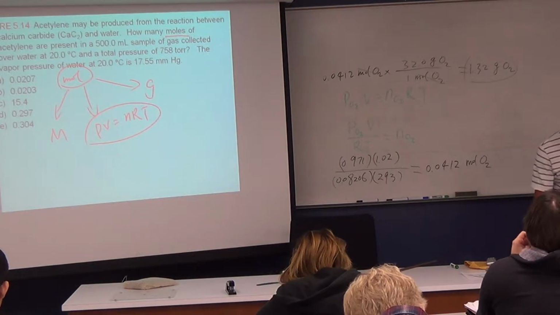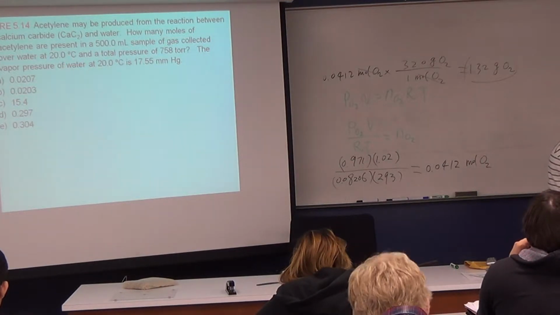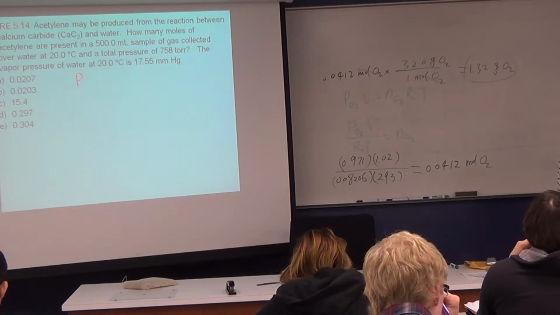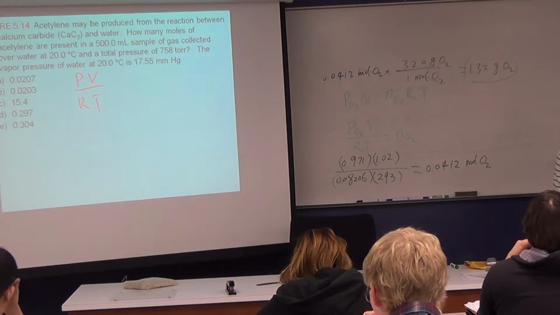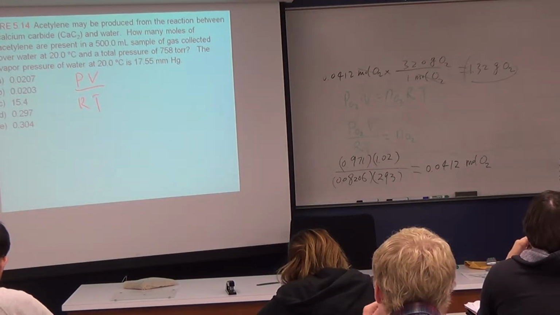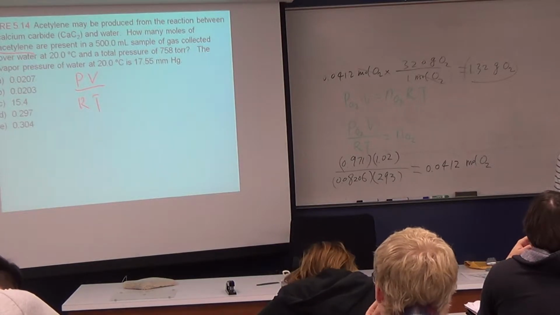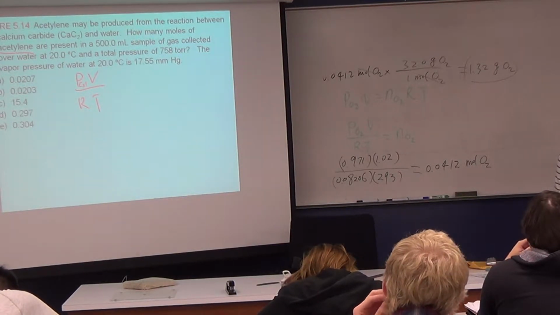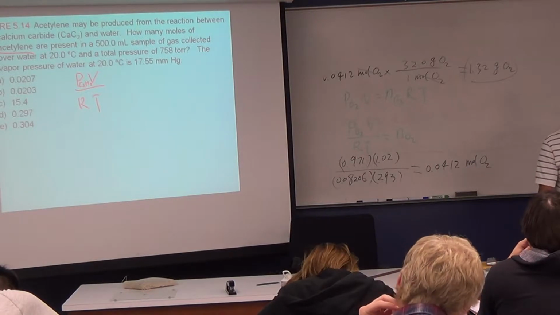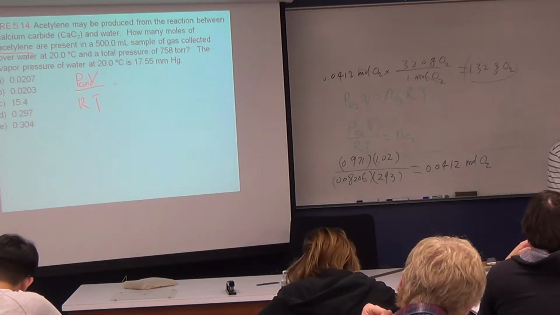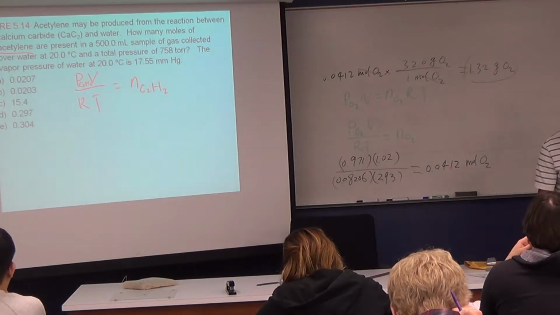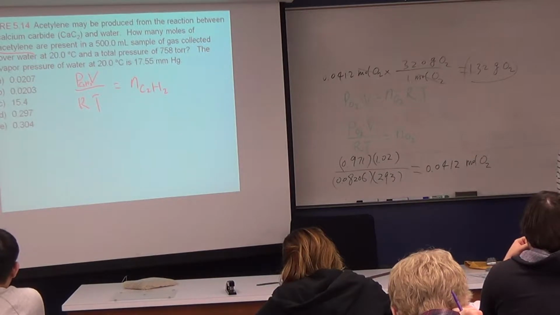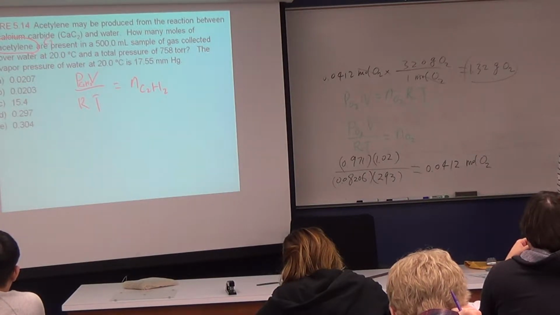So you just think about P, V, R and T. You want to find the mole of acetylene, which is C2H2, so you will have n of C2H2.